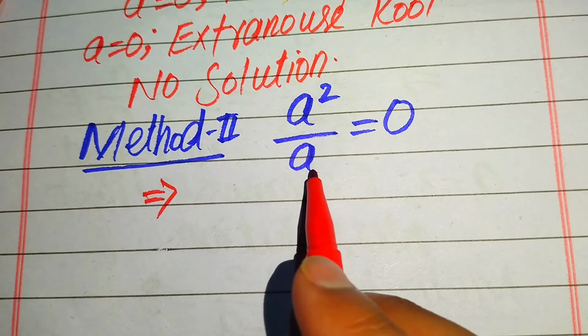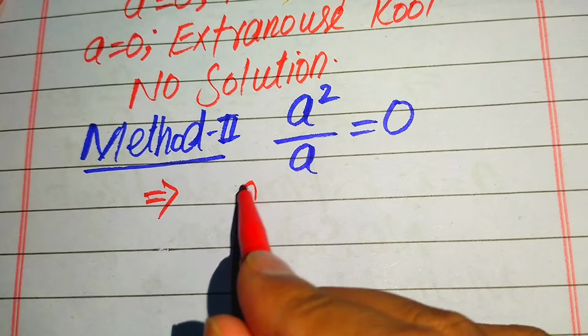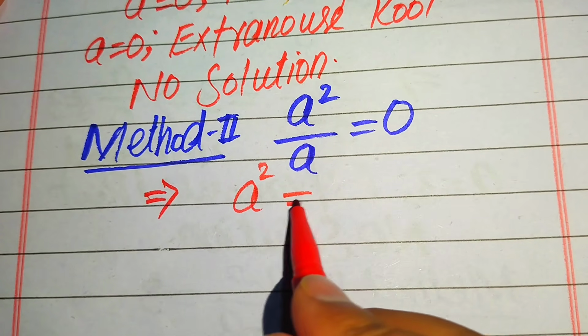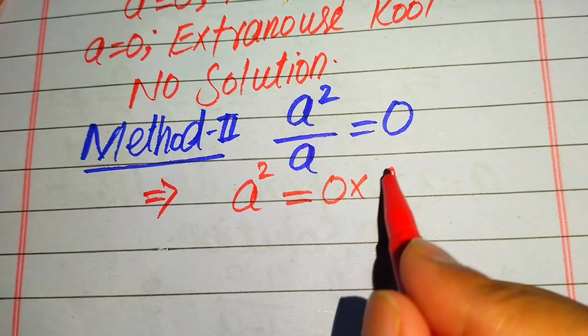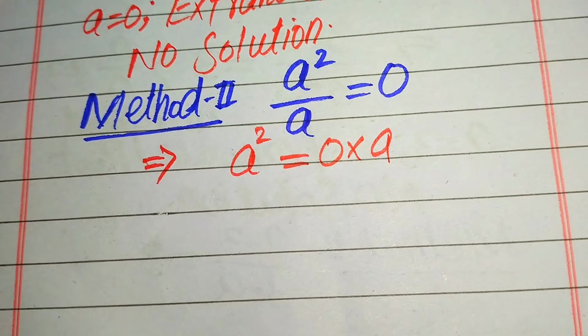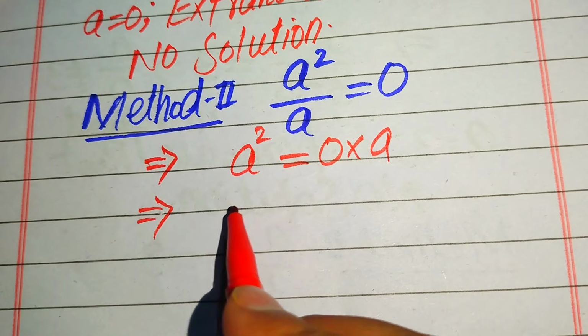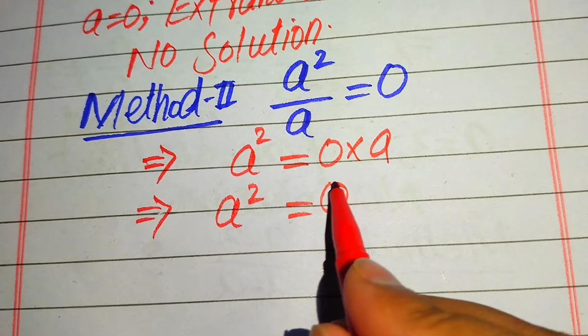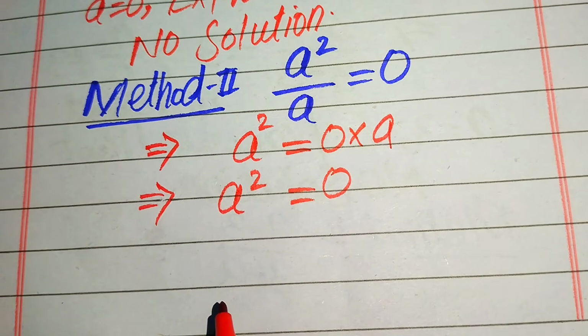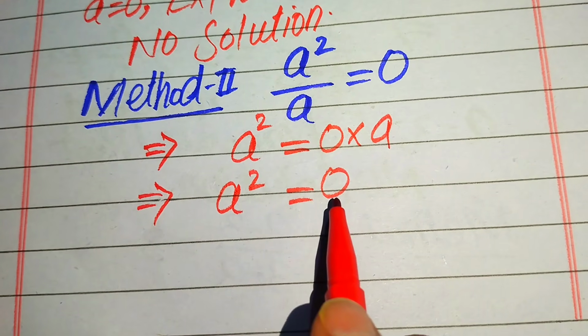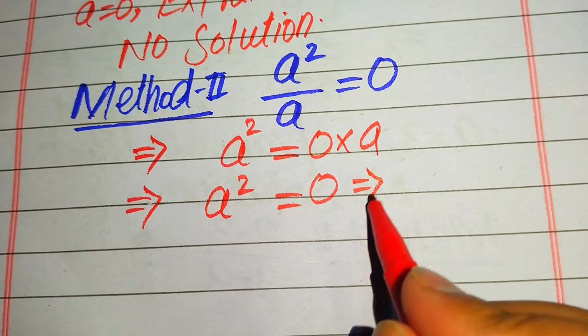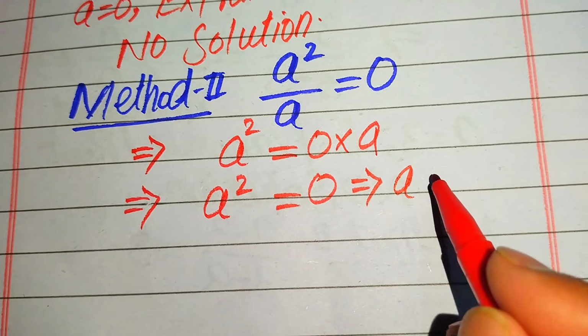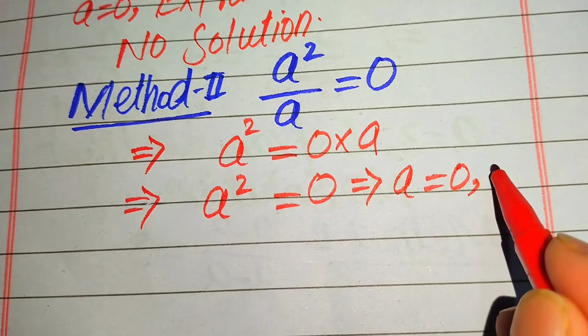First we move the term a from the denominator to the right hand side, and we get a squared equals 0 multiplied by a. You know that 0 times a becomes 0, and if a squared equals 0, this means that a equals 0 and 0.